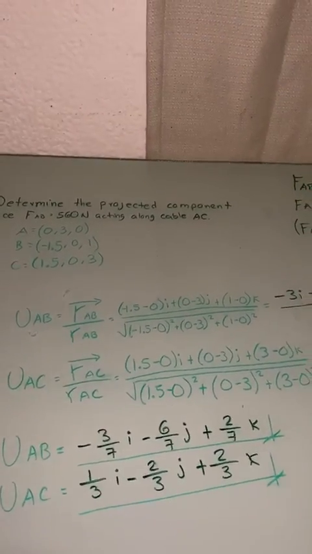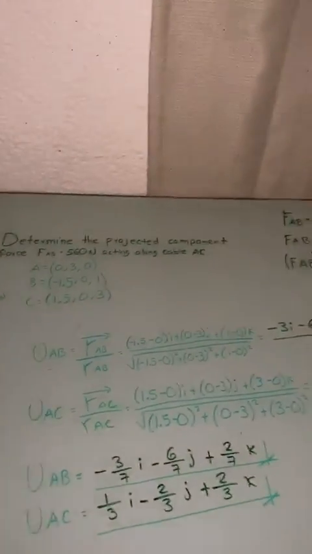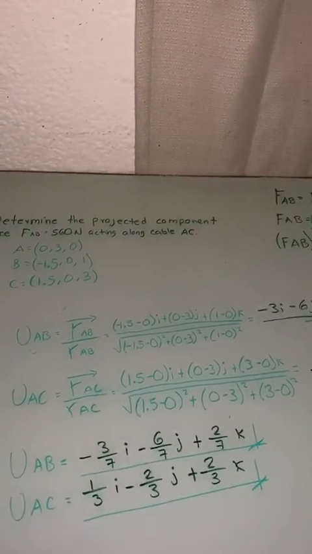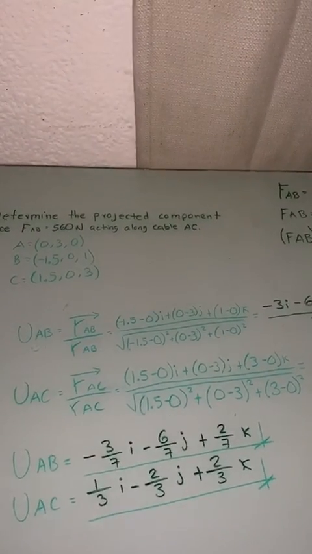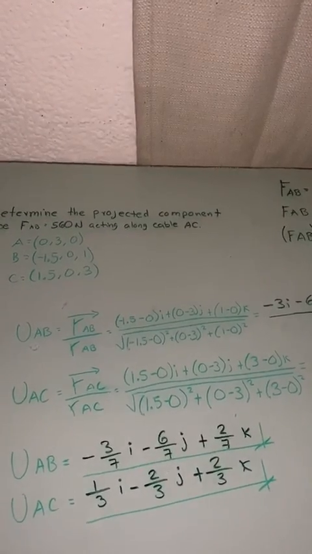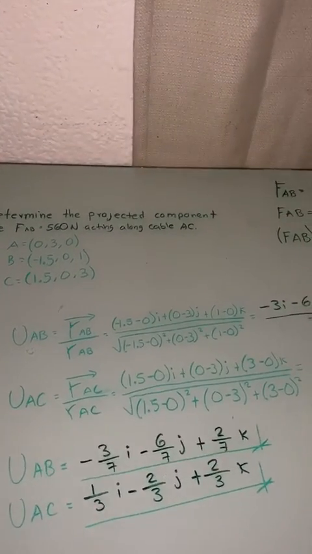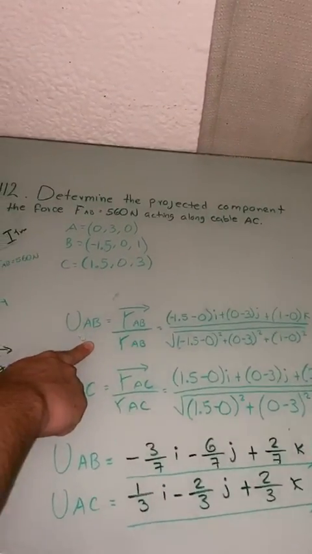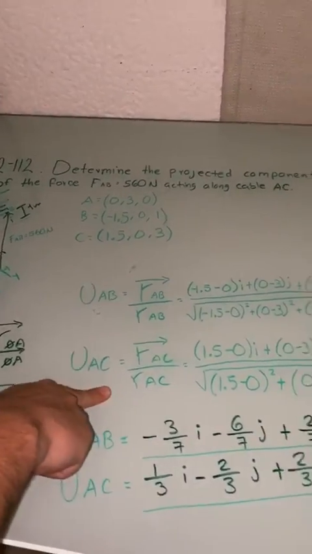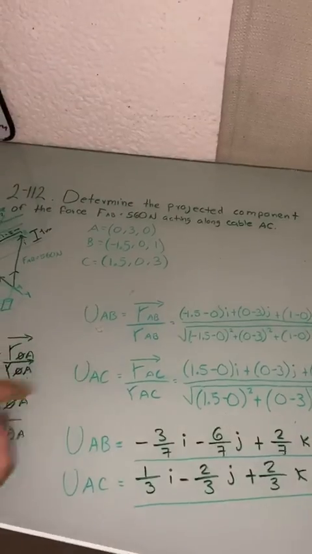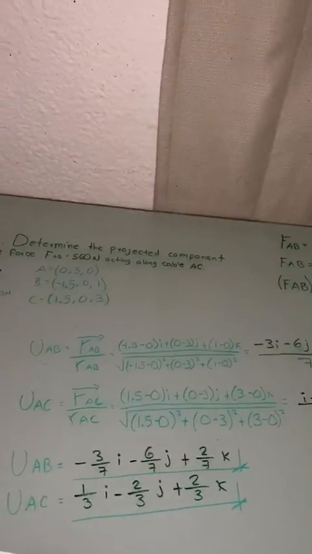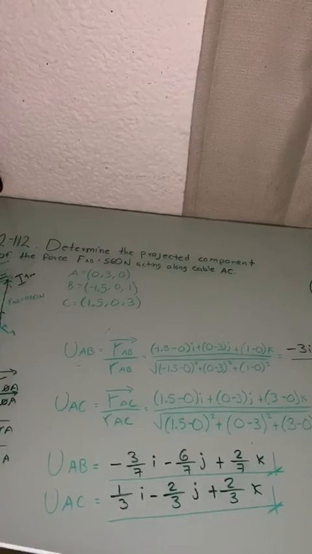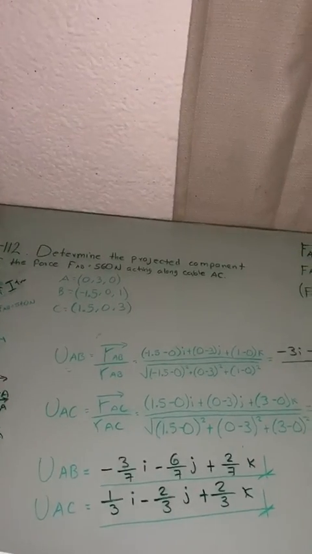To realize the before formula, you find the UAB and the UAC, respectively. Doing so, you will have each of the answers expressed in Cartesian vector.